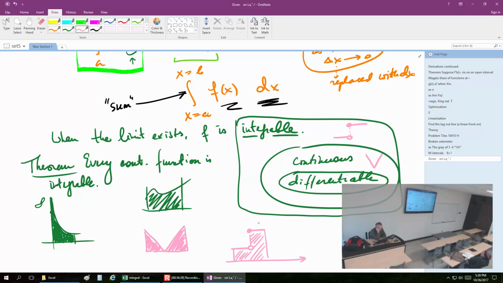Now let's think about velocity. When the function represents the velocity, can it change instantly? It appears that it can. It's certainly easier to accept an instant change of velocity than an instant change of location, because instant change of location is teleportation, right?